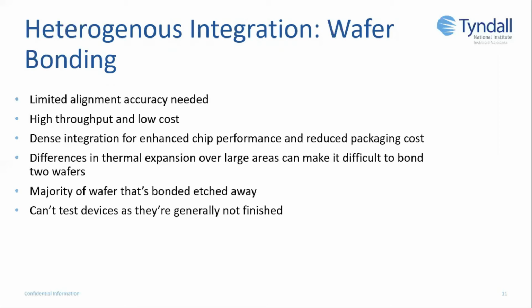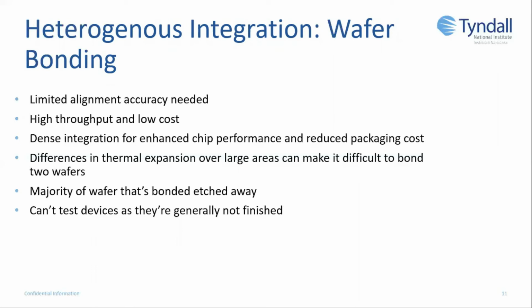As I was saying before, you etch away the majority of the wafer. So, while that's good in terms of being free to form as many devices as you want, you're actually being really wasteful of the material that's being etched away. And if you're using something like indium phosphide, for example, which is a material that's not as abundant as silicon, you're wasting a lot of that material.